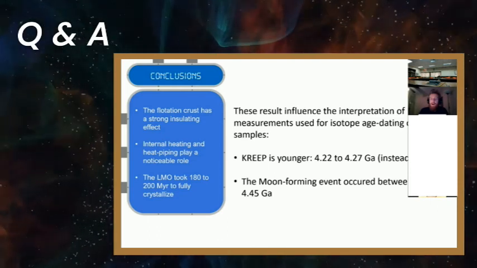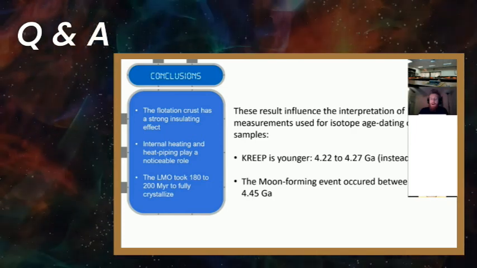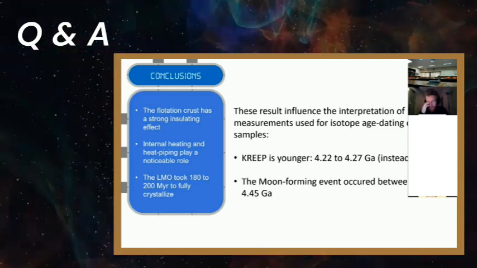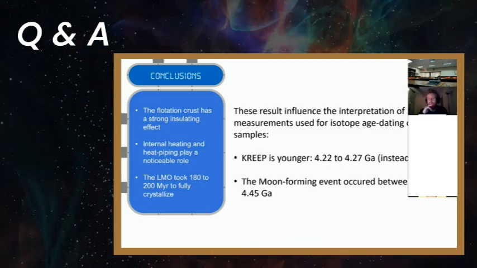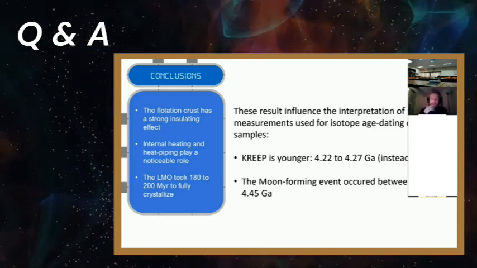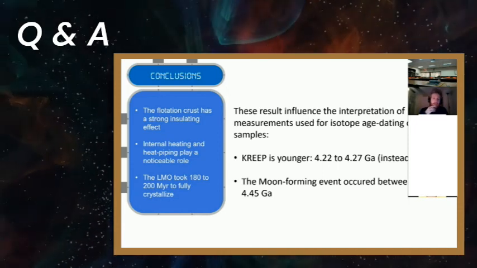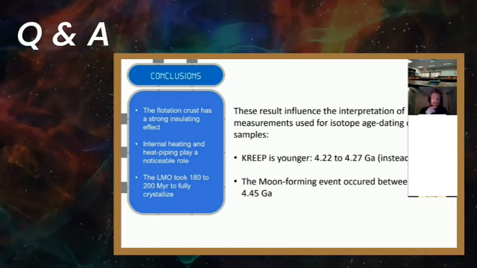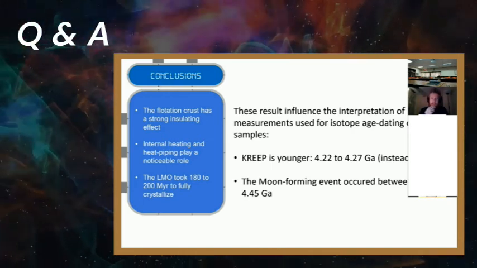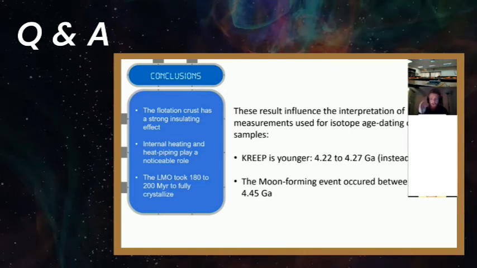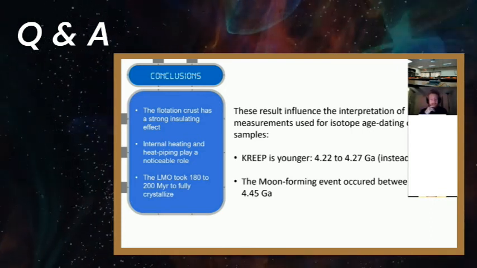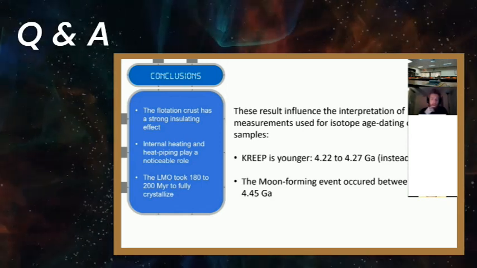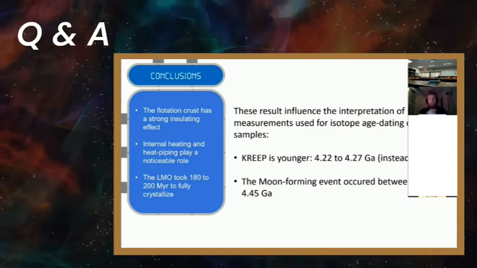We were more focusing on trying to understand the titanium content in the Mare basalt, as I mentioned at the beginning of the talk. But it just came across that we realized that we needed this consistent model, and then we just went all the way to studying the thermal evolution of the magma ocean, which was quite rewarding because we came up with significant results.